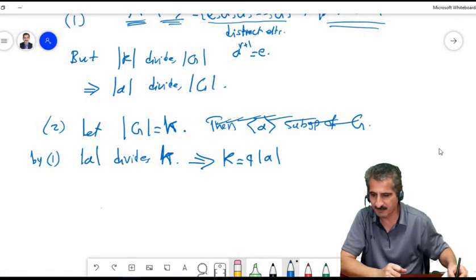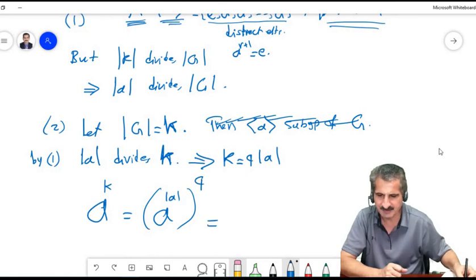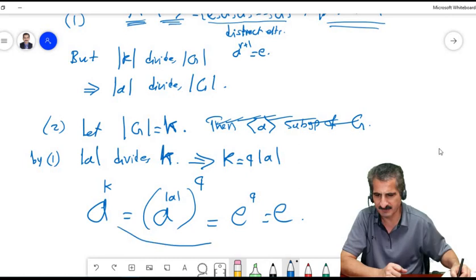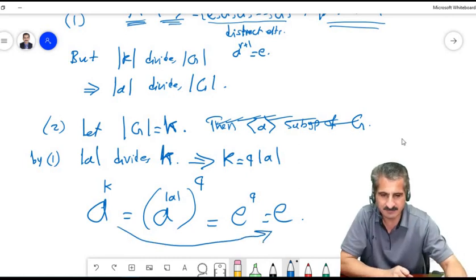Then A to the power K equals A to the power of the order of A, all to the power Q. But A to the power of the order of A is the identity. Okay, and we're done. And this is the end of today's lecture.